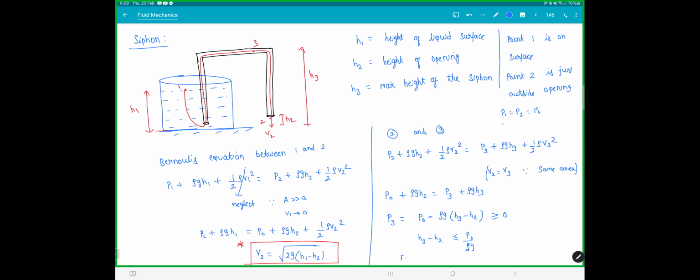Now if you consider water, this thing comes out to around 10 meters. That means if the maximum height of the siphon from the opening is more than 10 meters, the siphon won't work. Why is that happening? For this, you have to go back to the barometer.